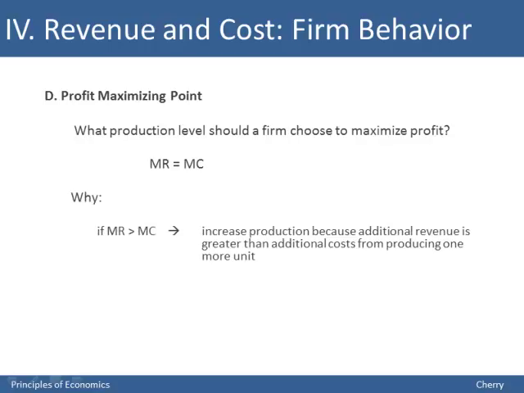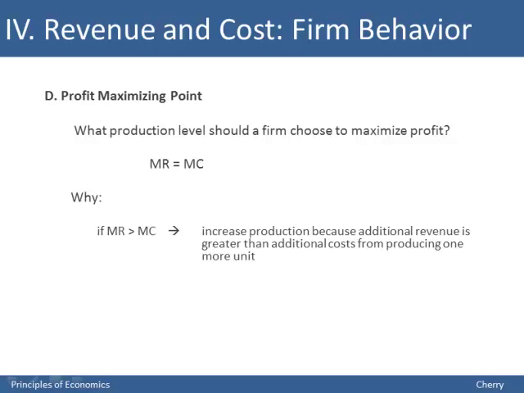Now why? And we've talked about this before early on when we looked at marginal decision making. It's the same process. If marginal revenue is greater than marginal cost, meaning that by producing one more unit, it's going to generate more additional revenue than additional costs, so in that situation, what would you want to do? You would want to produce more.